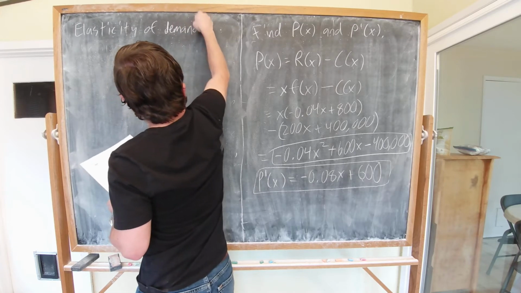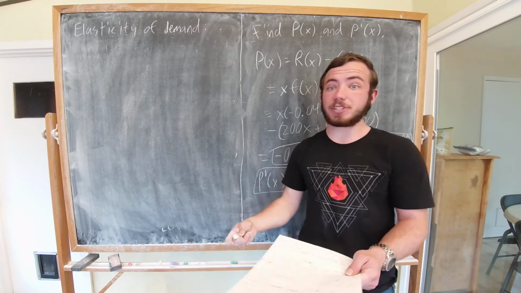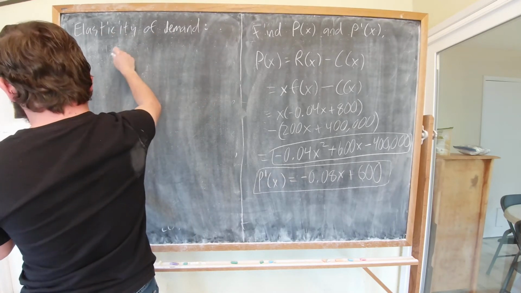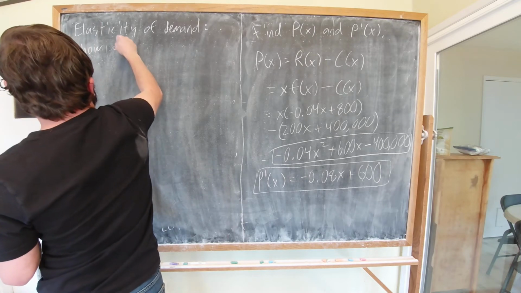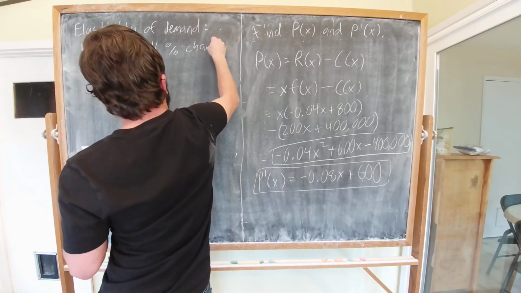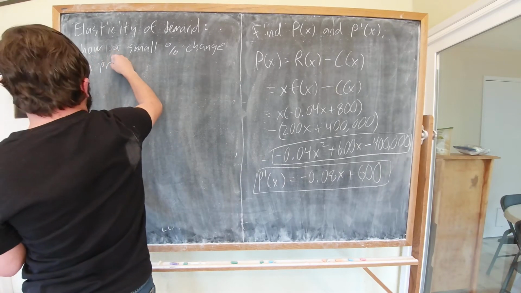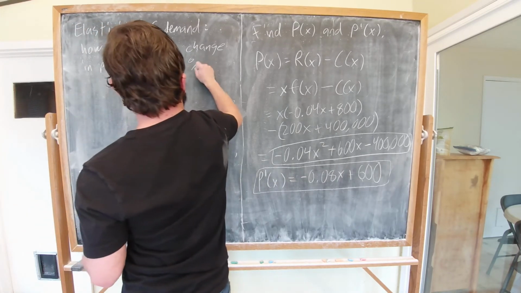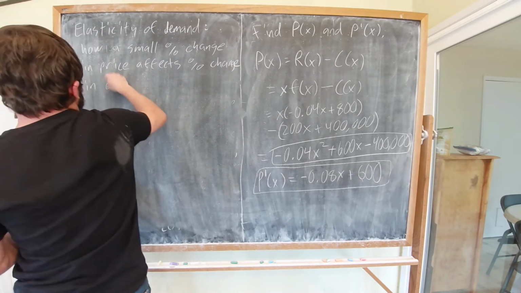Well, let's give an informal definition of what we want from elasticity of demand, and then mathematically we'll see what it takes for that to occur. What we want is elasticity of demand to measure how a small percent change in price of some commodity affects the percent change in the demand for that quantity.